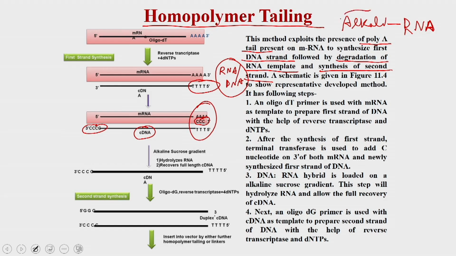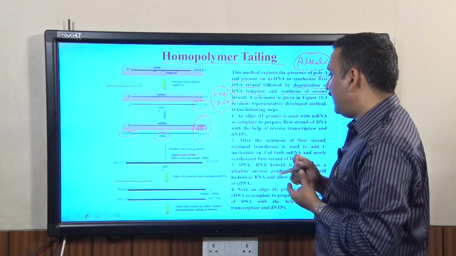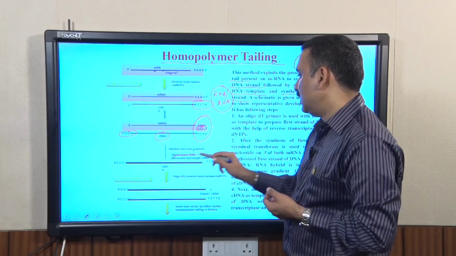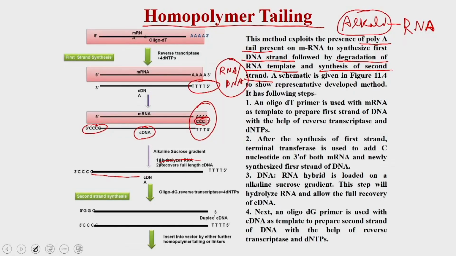If you have the RNA DNA hybrid and you put it into the alkaline solution, that is going to induce the hydrolysis of the RNA molecule, but it is not going to affect the DNA molecule. So, at the end of this centrifugation, you are going to get the first strand of the cDNA.